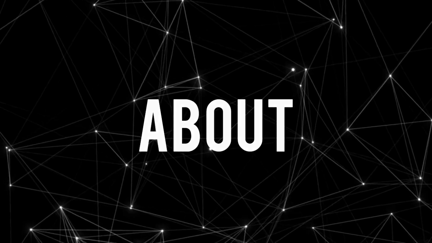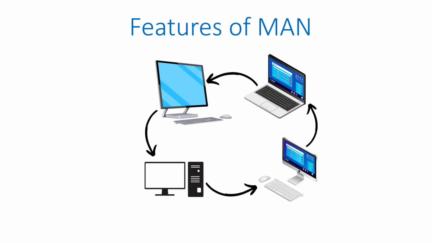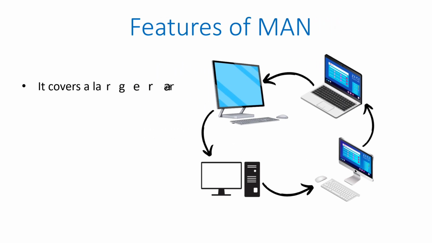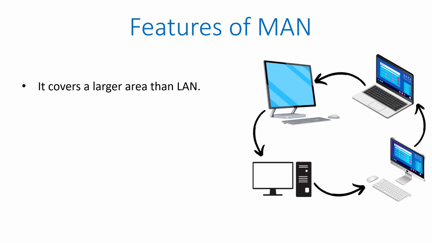Now let me tell you about the features of MAN, that is metropolitan area network. The first one is it covers a larger area than LAN, as metropolitan area network is bigger than the local area network, so it covers a larger area as compared to the local area network. Similarly, it uses the wireless media to create network, as the computers are located in different locations and it covers a larger area.